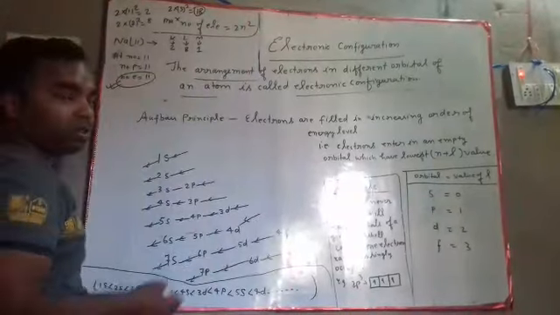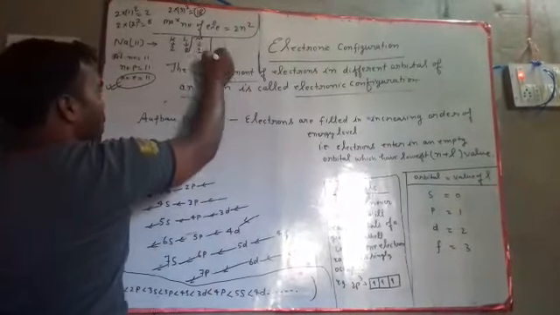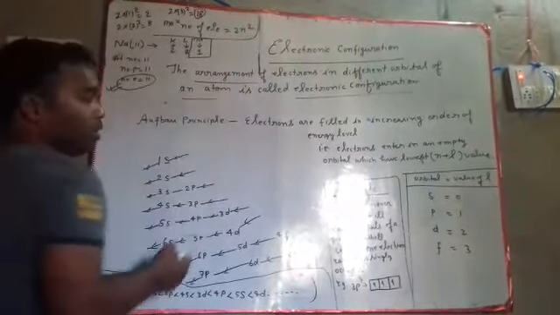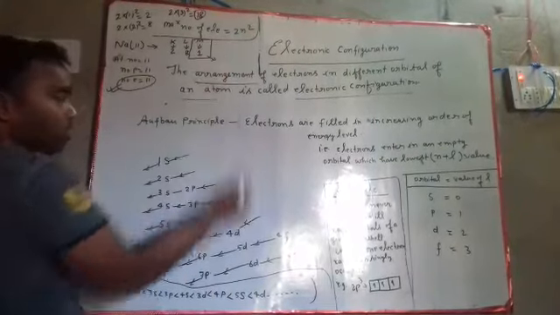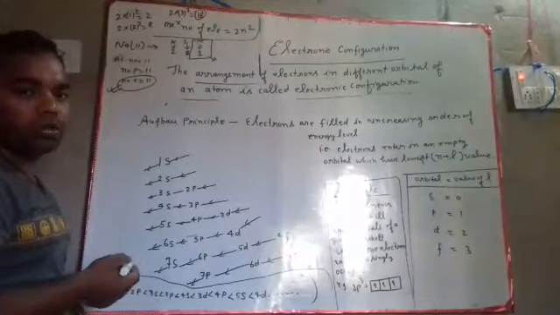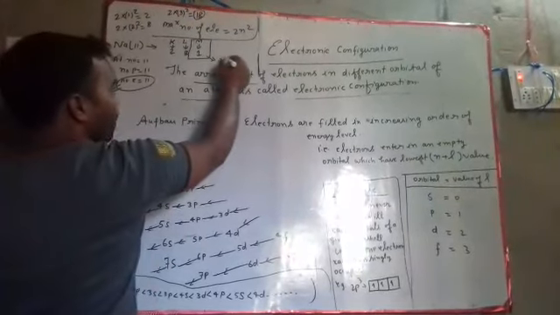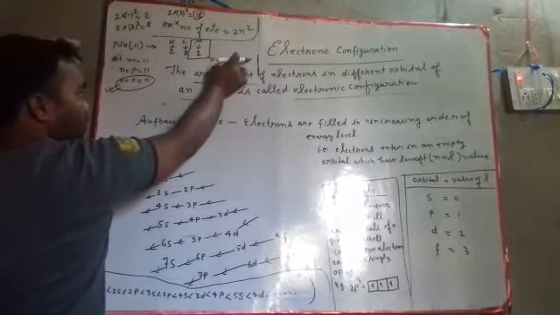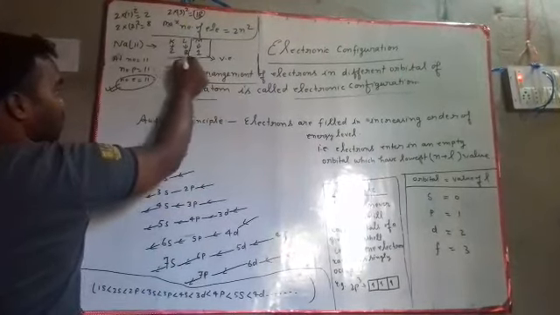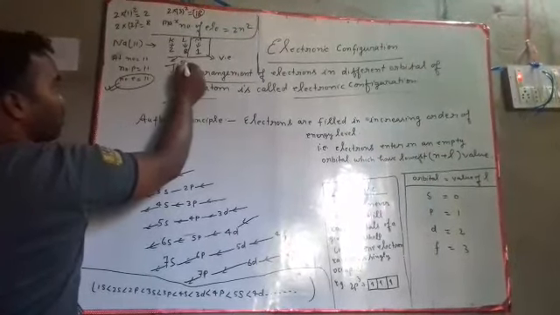So the outermost orbit is M, and the number of electrons present in it is 1 electron. The electrons present in the outermost orbit are called valence electrons. Besides these valence electrons, the rest are called core electrons.